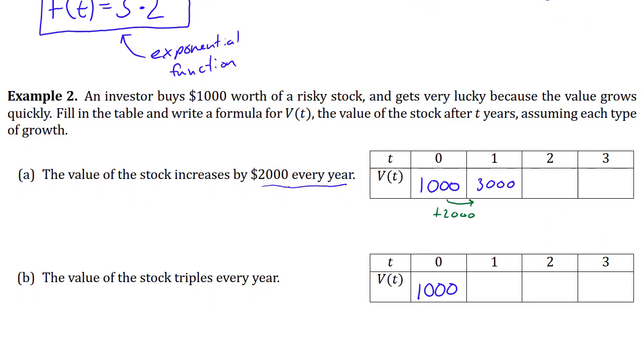After 1 year, and then it goes up by $2,000 again. So that's going to become $5,000, and then it goes up by $2,000 again. And 5,000 plus 2,000 is going to be 7,000. Okay, so that's going up by $2,000 every year.